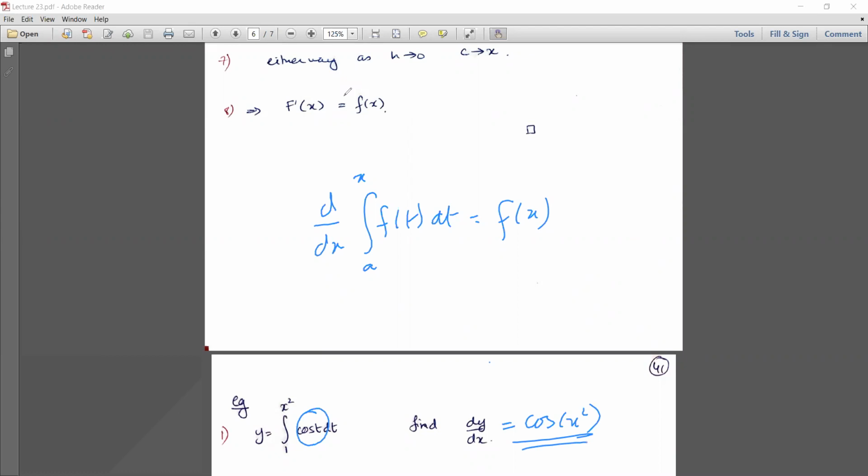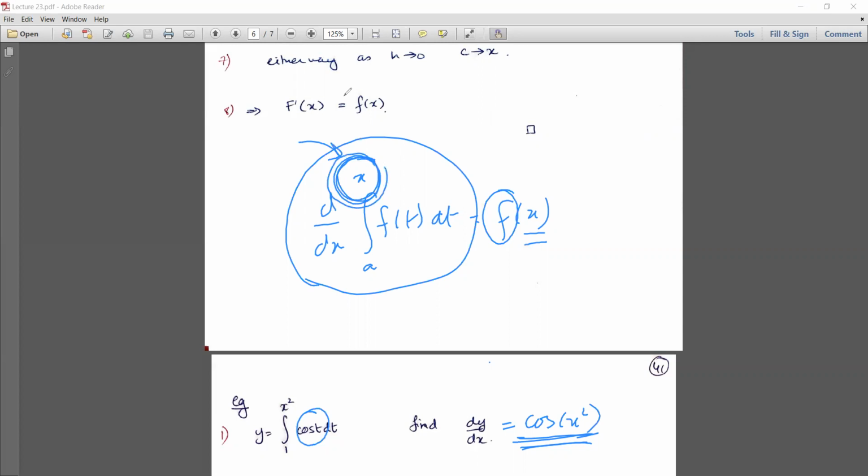This just says that the derivative of such an integral would be just small f at x. Now, since I have x squared here, should I just write cos of x squared? The fundamental theorem requires you to have just x here, not a function of x. Your upper limit should be just x.